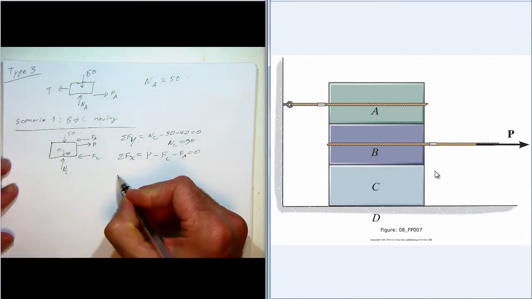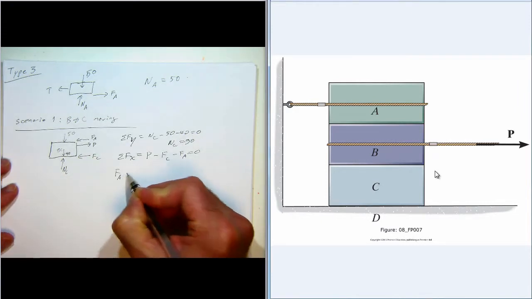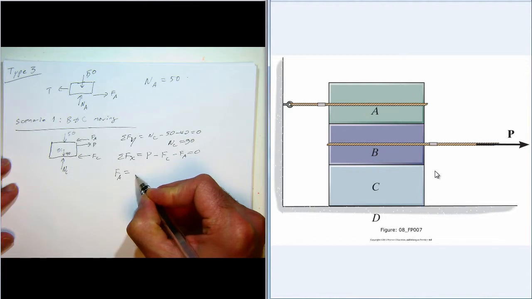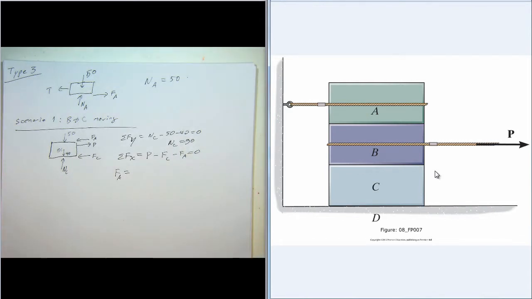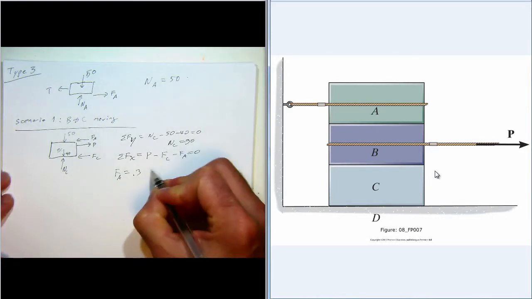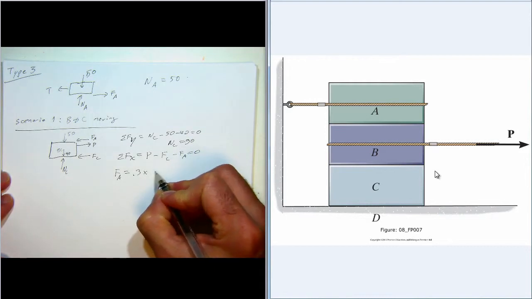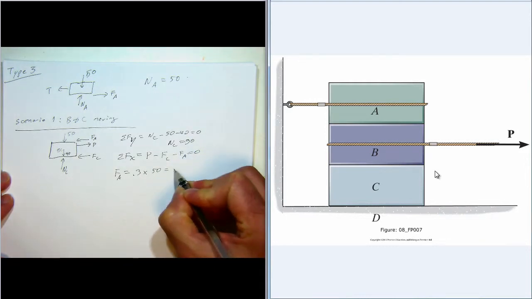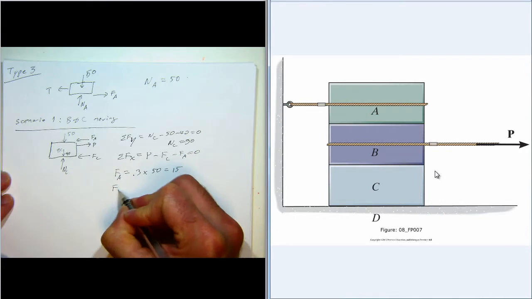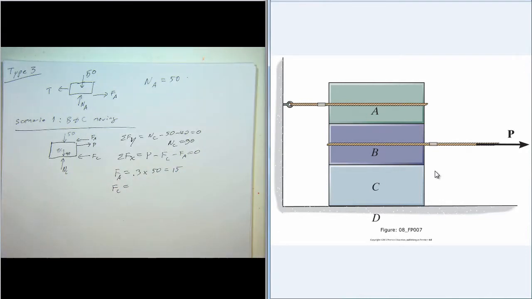So FA is the coefficient of friction times NA, and so that's 0.3 NA. And FC has a different coefficient of friction there.